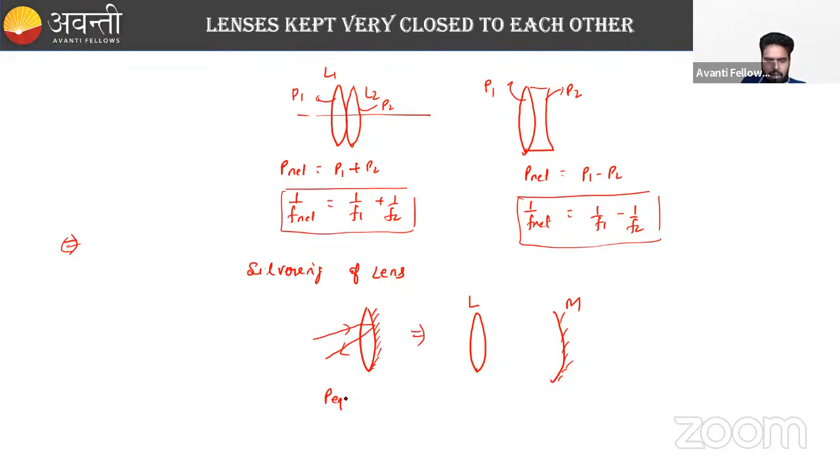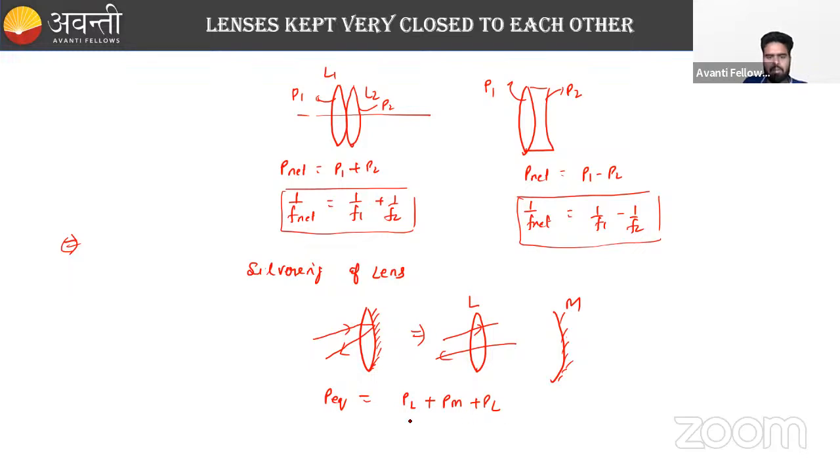If you want to write the equivalent power, firstly there is refraction from the lens, this is the power of lens. Then there is reflection from the mirror, the power of mirror. Then again refraction from the lens, the power of lens.